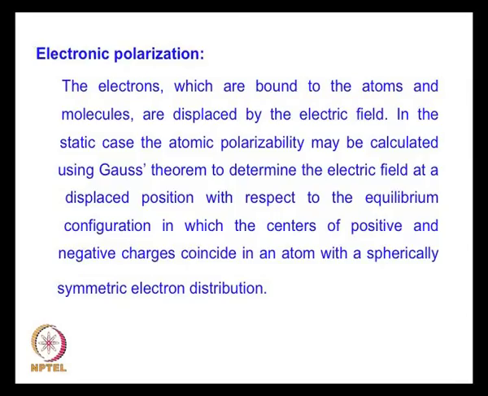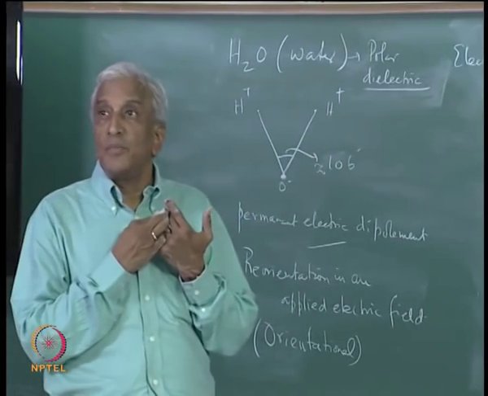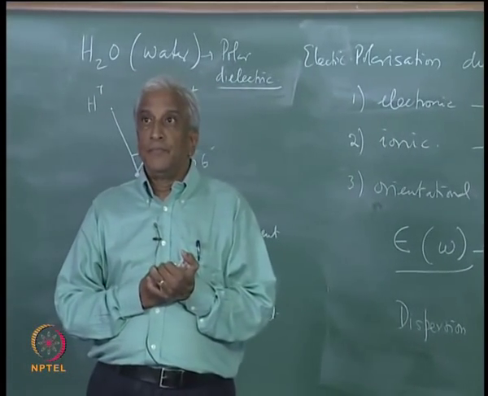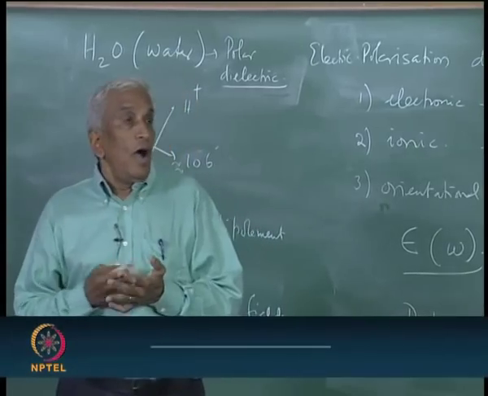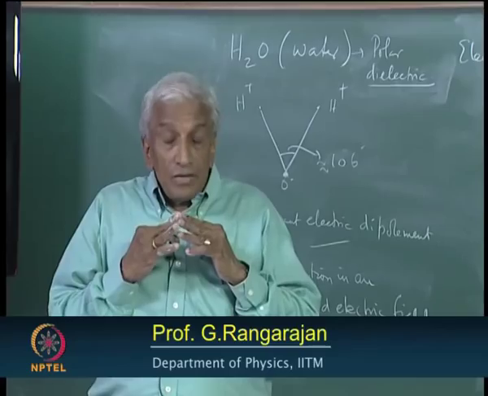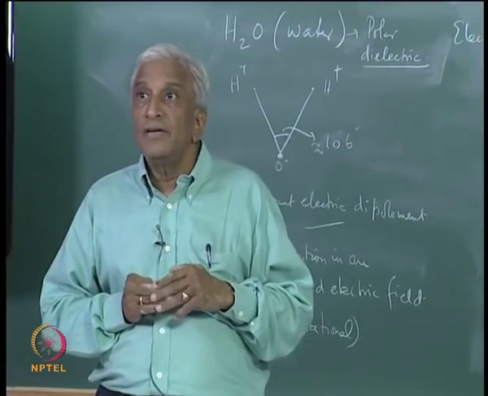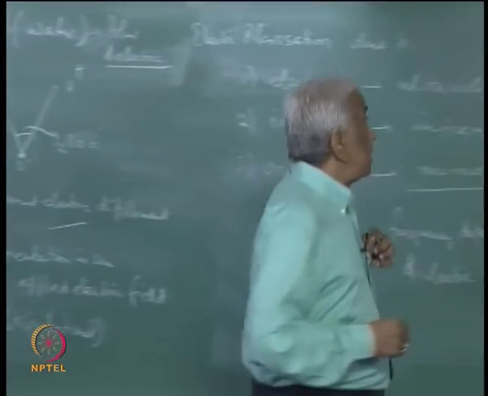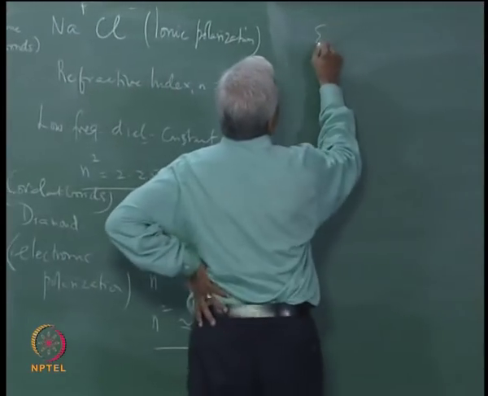We already saw that the electrons in a dielectric material are bound to the parent atoms and molecules and are displaced by the electric field. So, in the static limit, when the electric field is a static electric field, the atomic polarizability can be calculated using Gauss theorem.